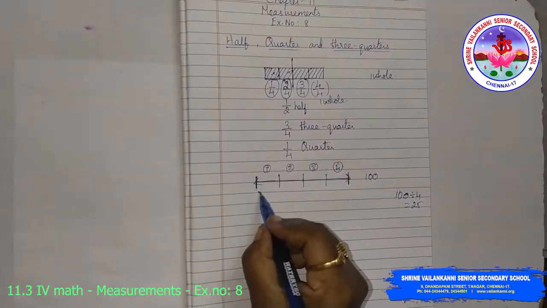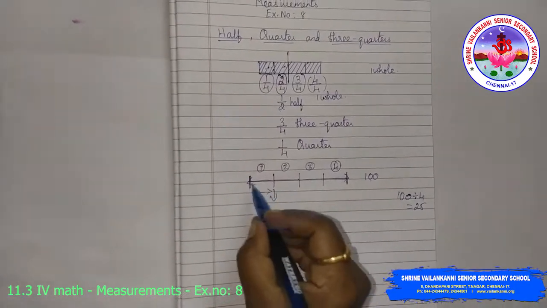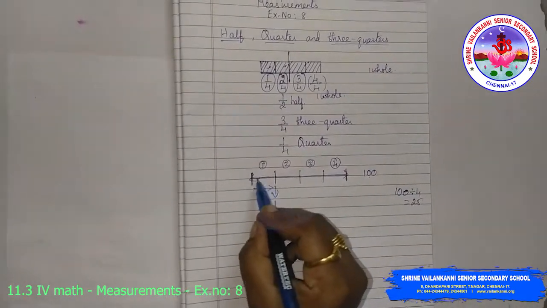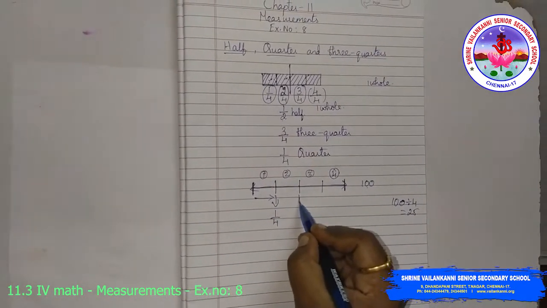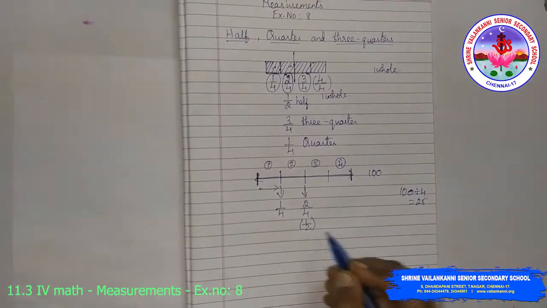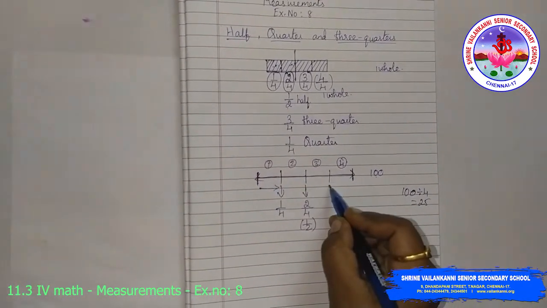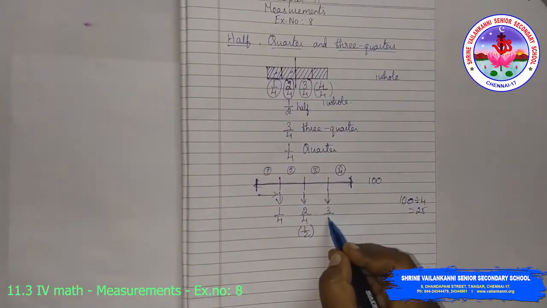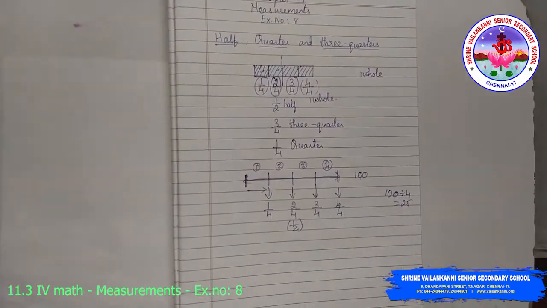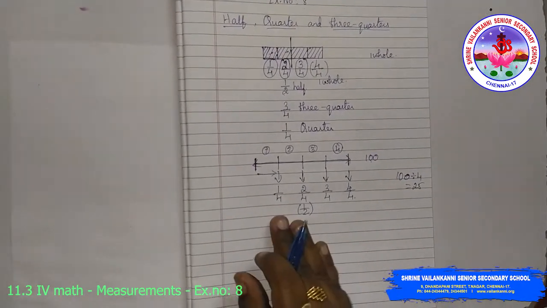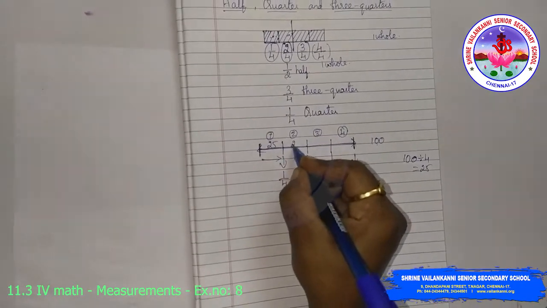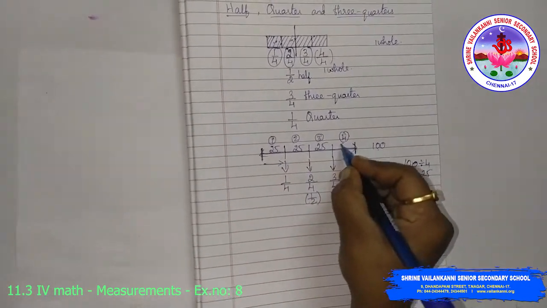So the first part is called 1/4. The second part, you will call it 2/4, which is also equal to 1/2. The third part, you will call it 3/4. The fourth part, 4/4. Now each part has 25, 25, 25.